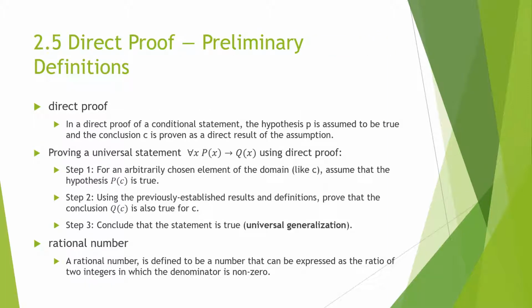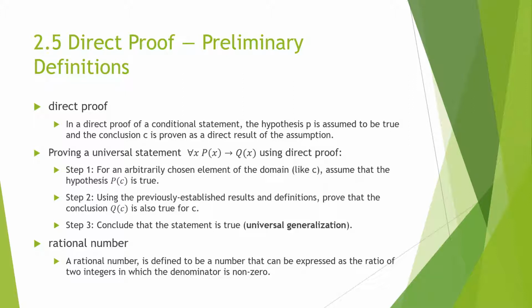So far we have seen two methods of proof. One was proof by exhaustion, the second one was disproof by counterexample. In section 2.5 we see an important method of proof which we call direct proof. In a direct proof of a conditional statement which has a hypothesis P and a conclusion C, we first assume that the hypothesis P is true, and based on that we try to prove that conclusion C is true as a direct result of the assumption.